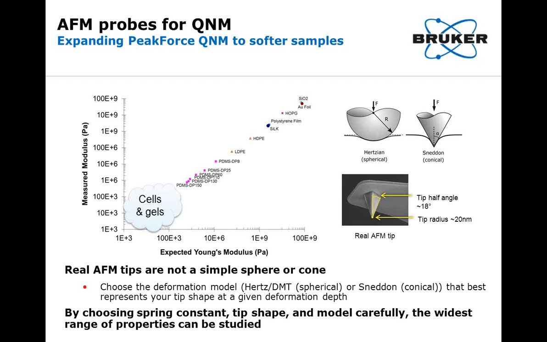The apex of the probe can be thought of as spherical, and in the case of not deforming the sample surface significantly, the Hertz model is appropriate. Once the probe starts to deform the sample surface, we need to move over to the Sneddon model. In doing so, we need to understand the tip half angle correctly to apply the correct model. In either case, the cone half angle or the tip radius are simply entered into the Nanoscope software.